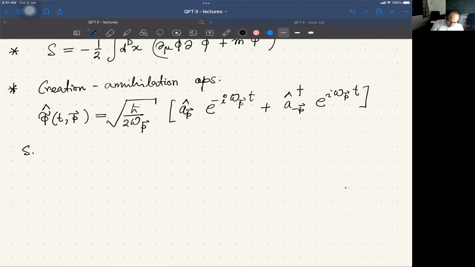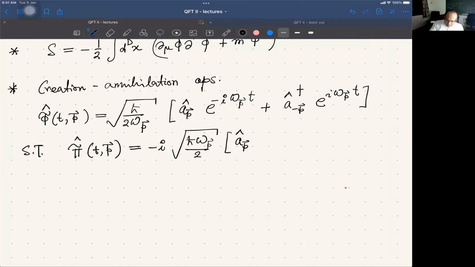Then show that the conjugate momentum in momentum space is given by minus i root of ħω_p over 2, a_p e^(−iω_p t) minus a_(−p)† e^(iω_p t).